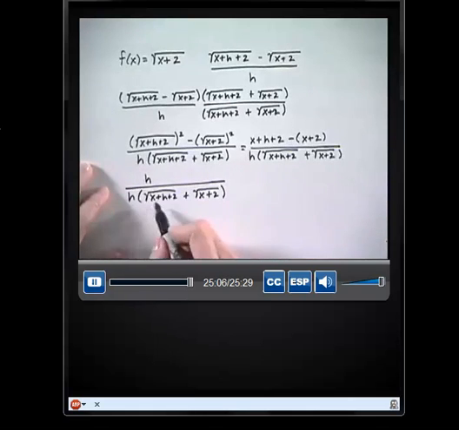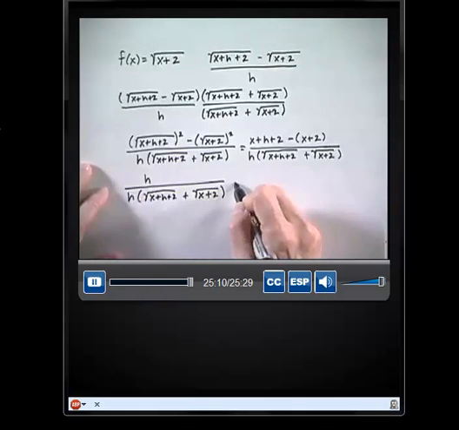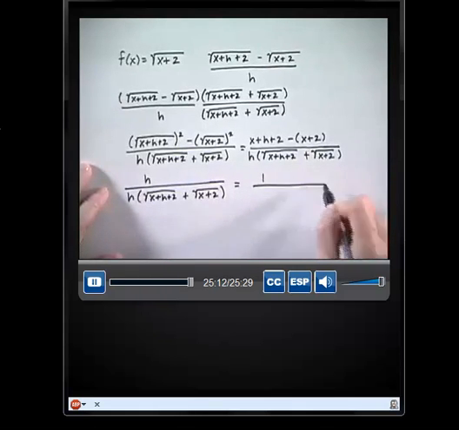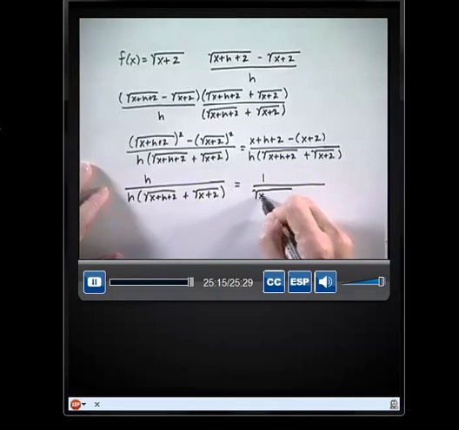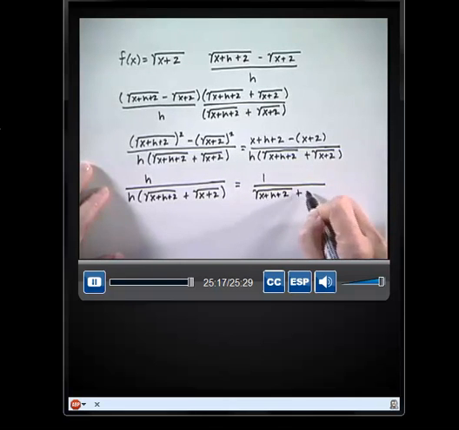Now the reason I didn't distribute the h is because I knew I would at this point want to simplify the factor of h to end up with 1 over square root of x plus h plus 2 plus square root of x plus 2.